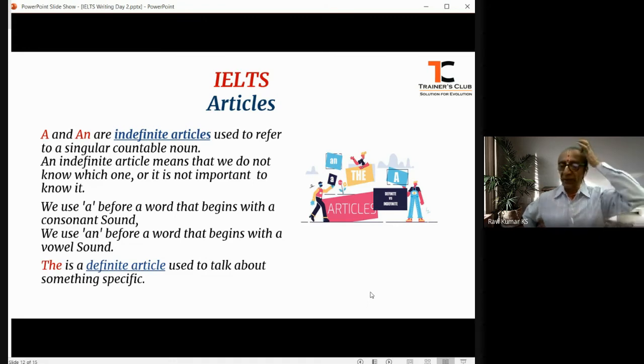Then the definite article is the. The is used whenever we are referring to a very particular noun. Only then the is used. No article should be used with a proper noun.